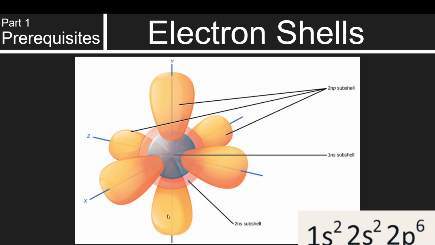How they work is each one of these teardrop-like orange shapes is one electron. So you've got 1, 2, 3, 4, 5, 6, right? And then you've got 2 in each of these concentric spheres. So that's how you get your 10.